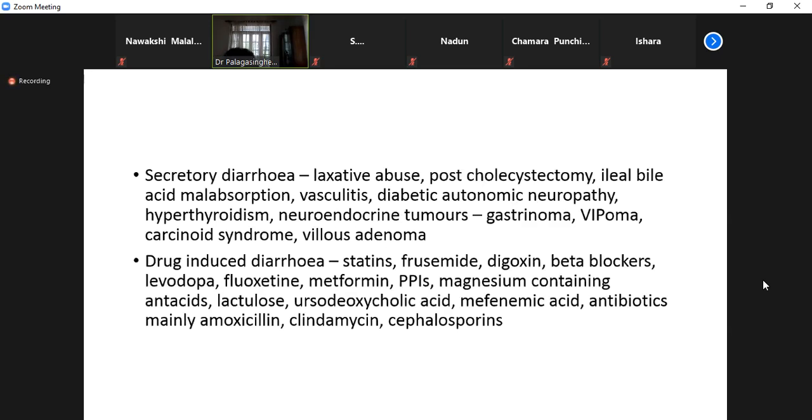Then there is an entity called secretory diarrhea. Again, patients present with large volume watery stools.